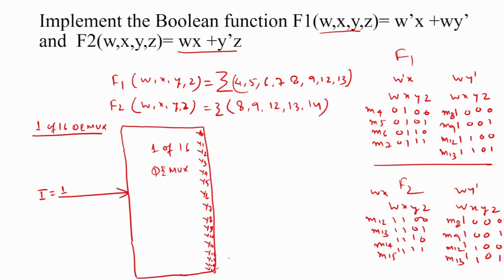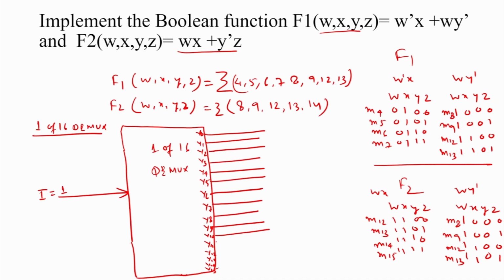Then 2 OR gates are required to implement this function with this demux.